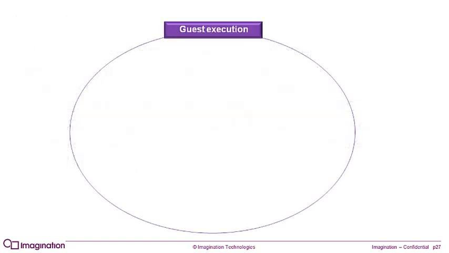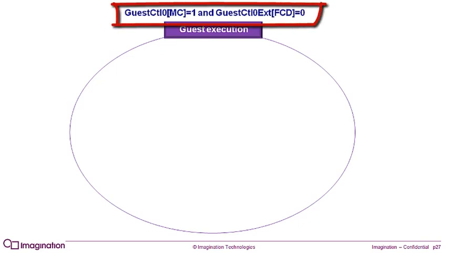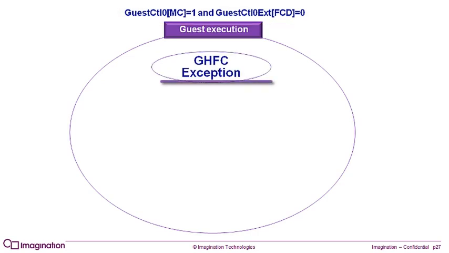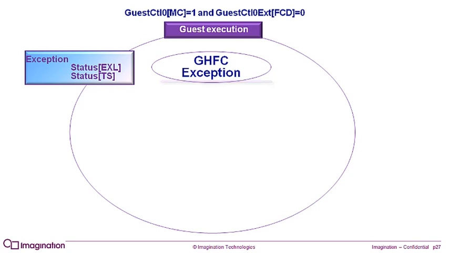The virtualization module can be set so the hypervisor can intercept all exceptions. This is done by setting the mode change bit guest control 0 MC and clearing the field change disable bit guest control EXT FCD. This is called a guest hardware field change exception.